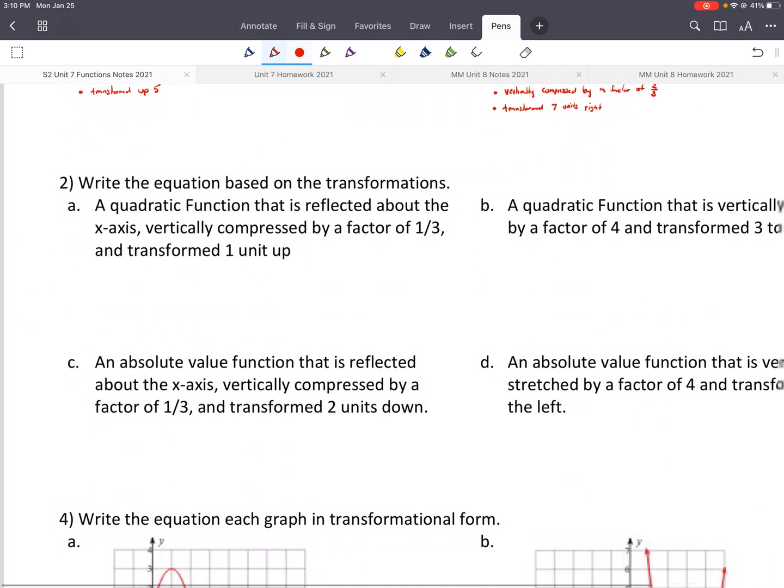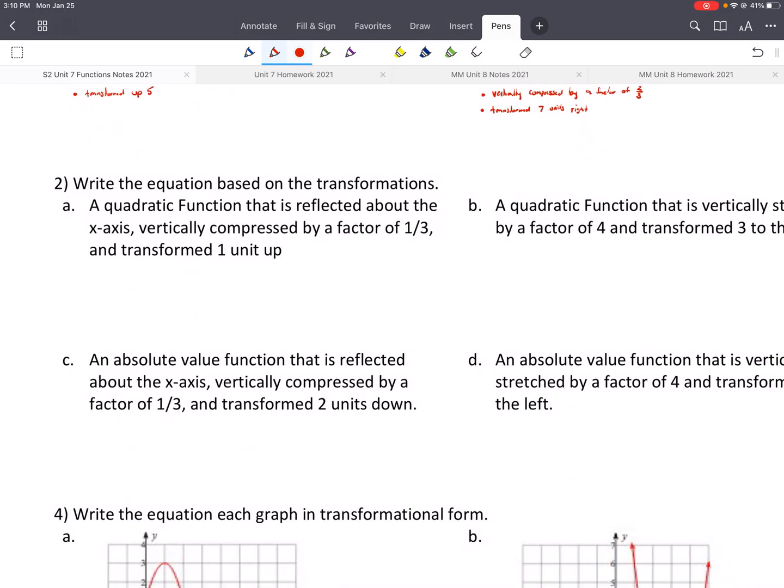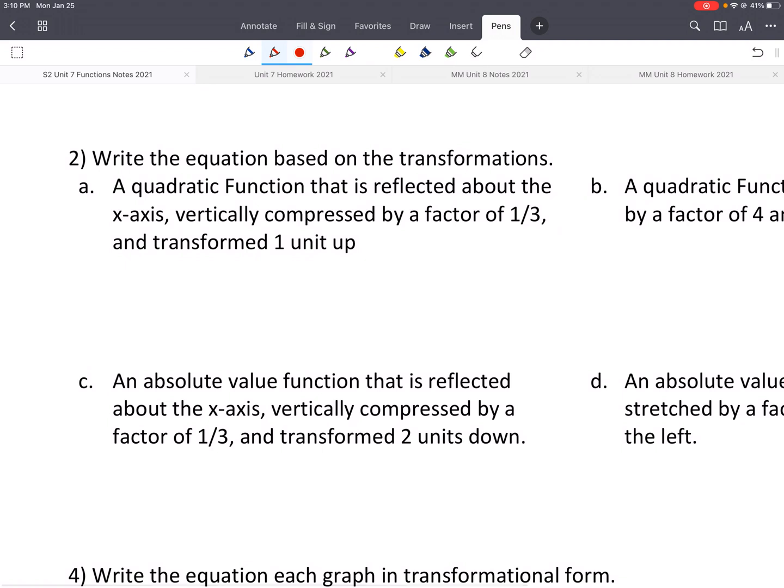All right, another thing you may be asked to do is to write the equation from the transformations. If I tell you what the transformations are, can you write the equation? For example, here we have a quadratic function, so it's going to be our vertex form. And then we need to plug in all that stuff.